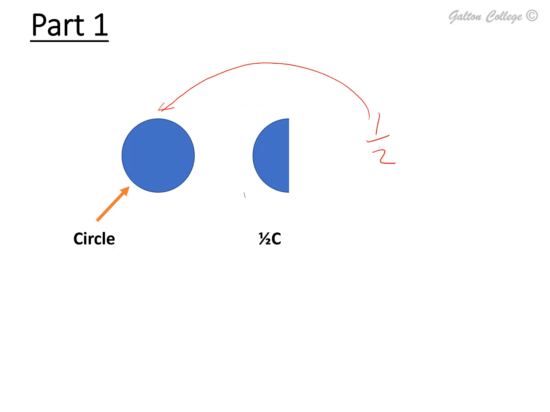Okay, so that one refers to the full circle. And we want to divide it in half. We want to divide it into two parts. So we divide it by the 2. So the fraction is telling us what we're going to do. Okay, so let's just get rid of that. As I said, very basic, very straightforward material.